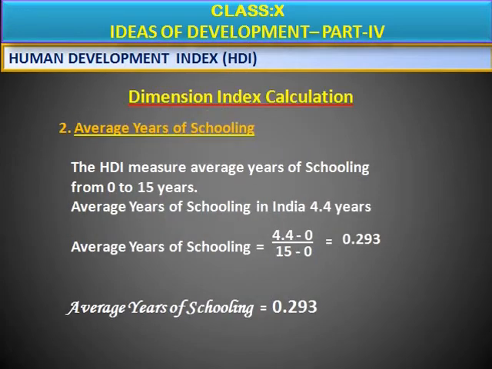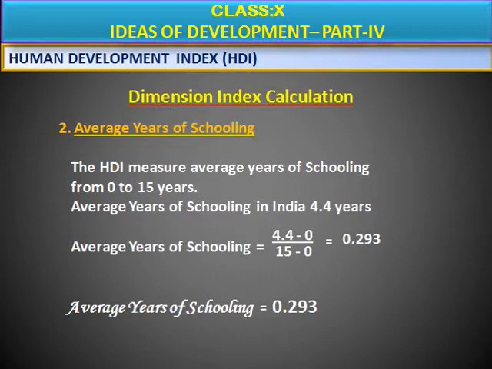Second one, average years of schooling. The HDI measures average years of schooling from 0 to 15 years. Average years of schooling in India is 4.4 years.